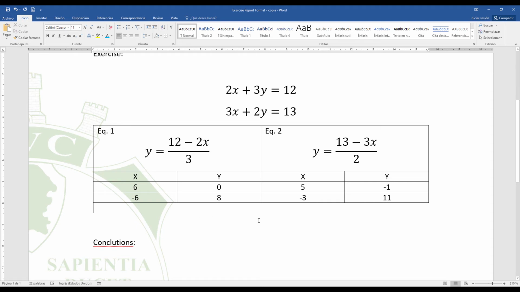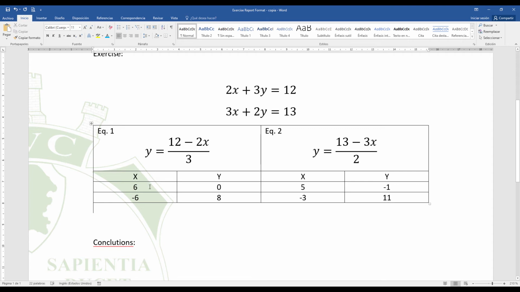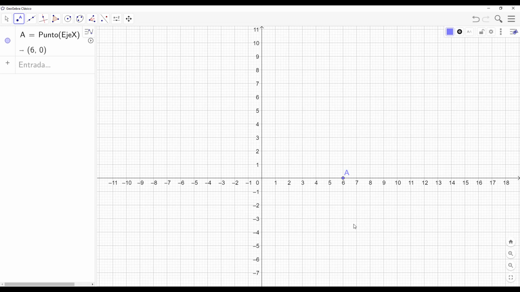Now we will use GeoGebra. We're in GeoGebra and you need to graph that point, 6 and 0. I will use a point, it's here.